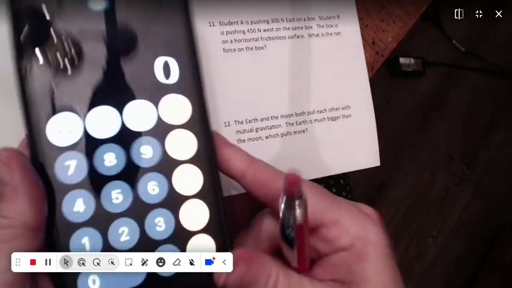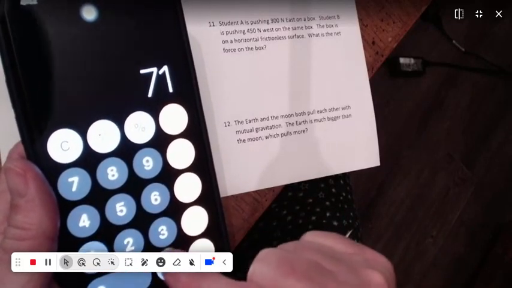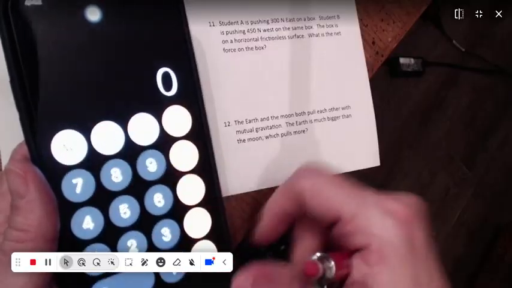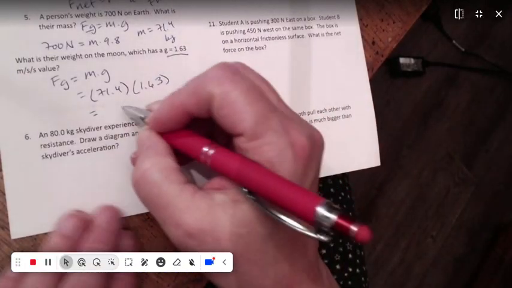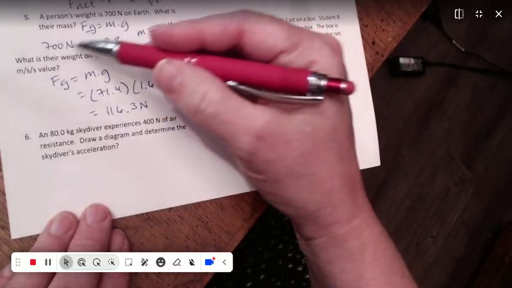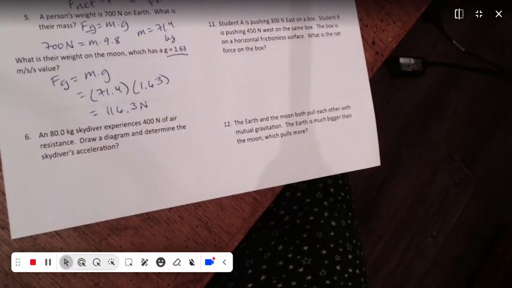Okay, so again, handy dandy calculator, 71.4 times 1.63 equals 116.3. So 116.3 newtons on the moon versus 700 newtons on the Earth. That's a pretty big difference.